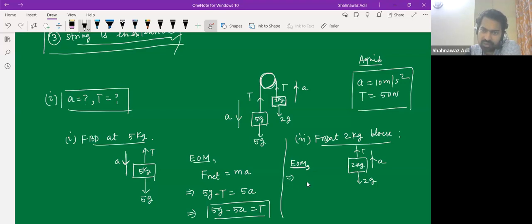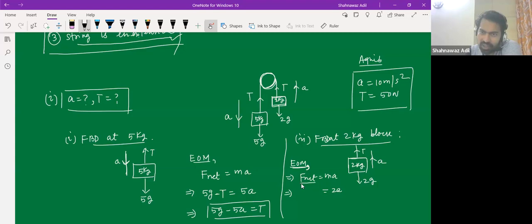Yes. F net equals to M A. So then what would be in here? 2 into A. So 2 into A is on the right hand side.